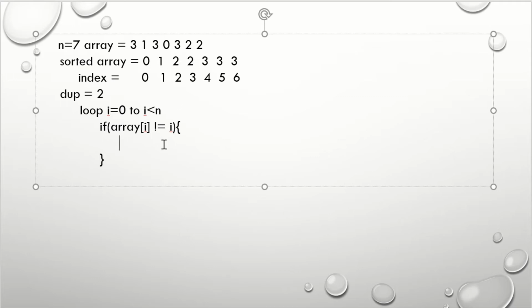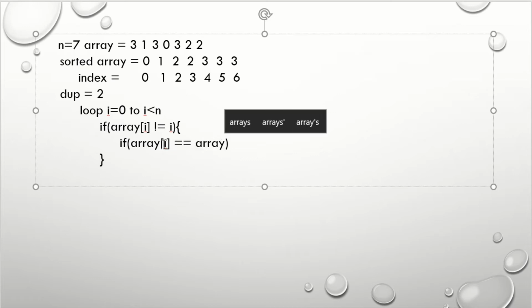Now let's check it with the previous value, like if array of I equals array of I minus 1.